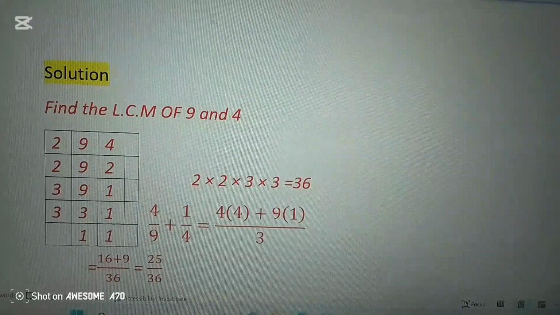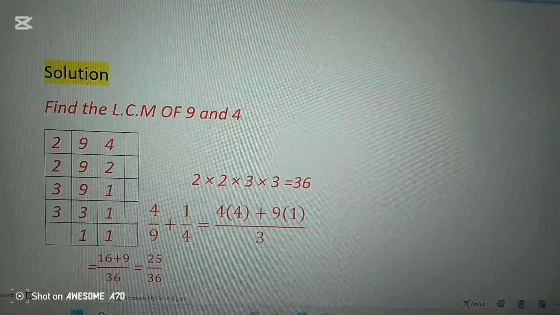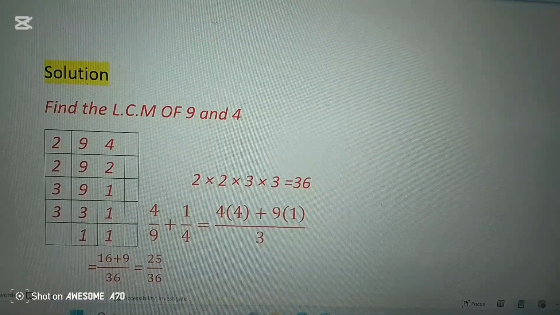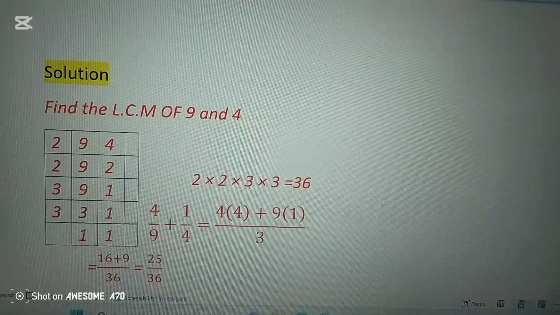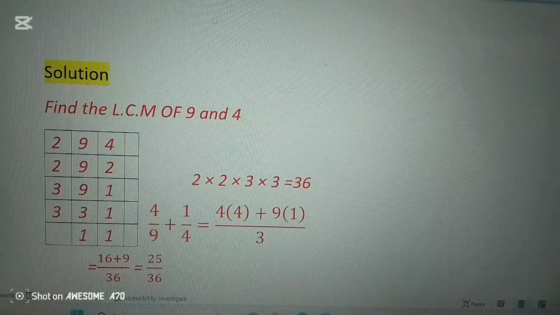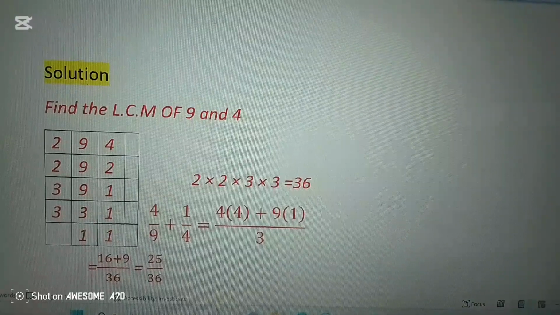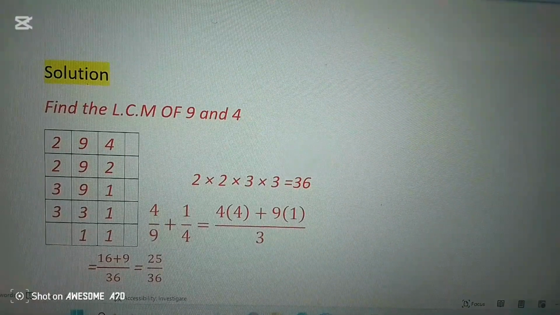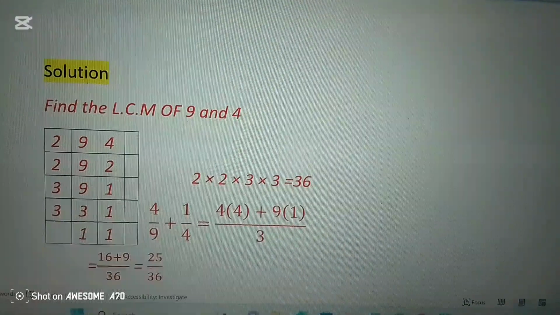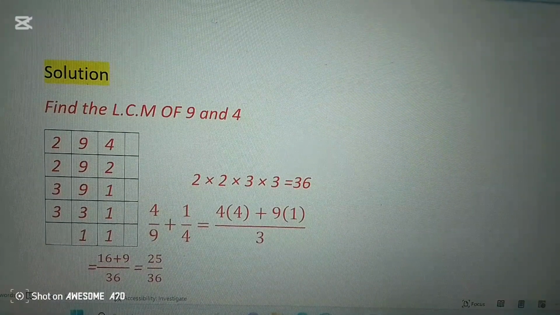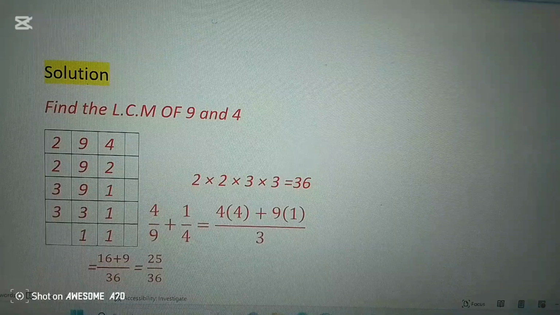We go to 9. We look for a least number that can divide 9 and also divide 1. 2 cannot divide 9, so we don't use 2 there. So we continue to the next prime number, which is 3. 3 can divide 9 three times. 3 cannot divide 1, so the 1 remains.